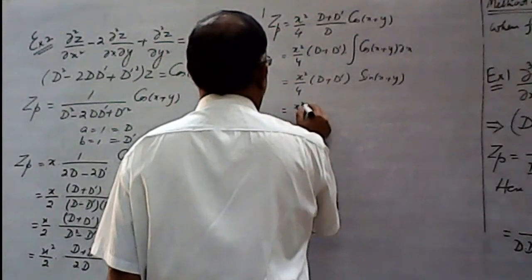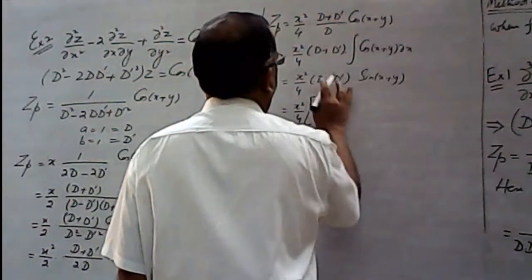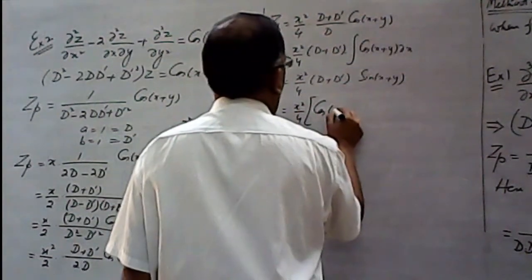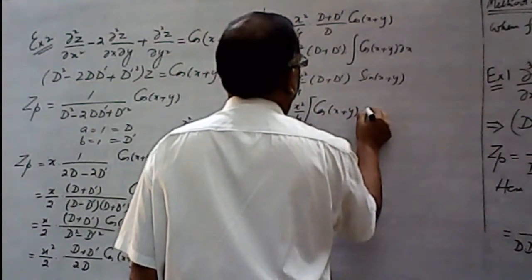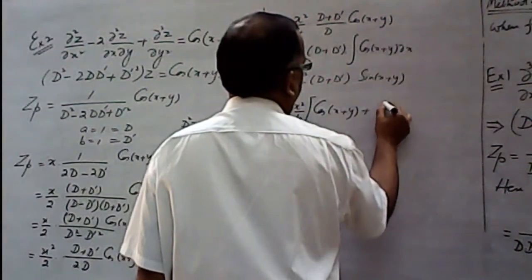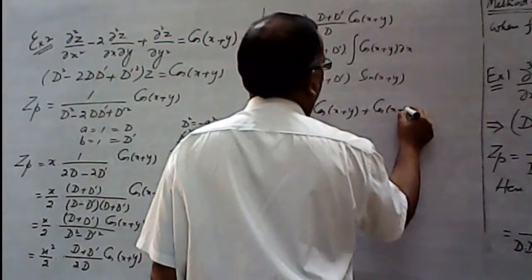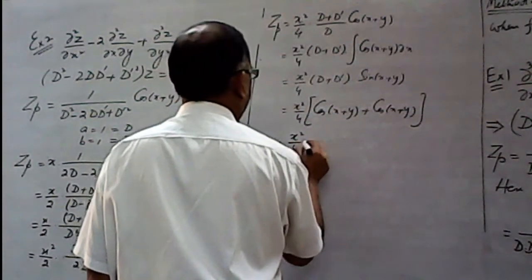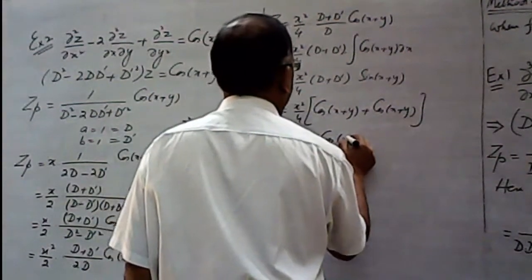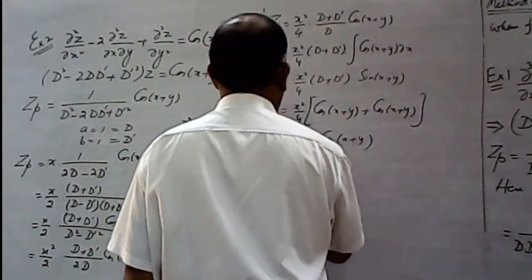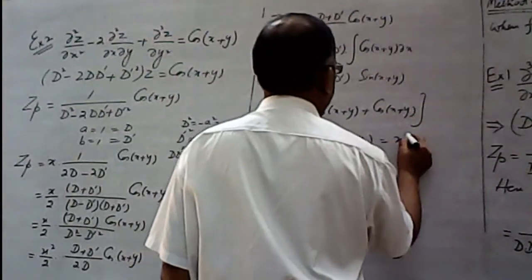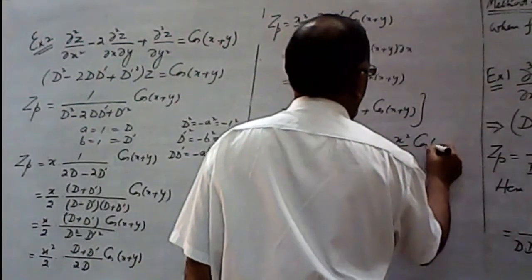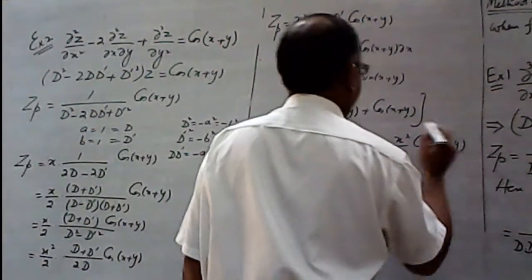And now x square by 4, derivative of sine is cos x plus y, and derivative of sine is cos x plus y. So it becomes x square by 4 into 2 cos x plus y. 2 cancels with 2, so it is x square by 2 cos x plus y.